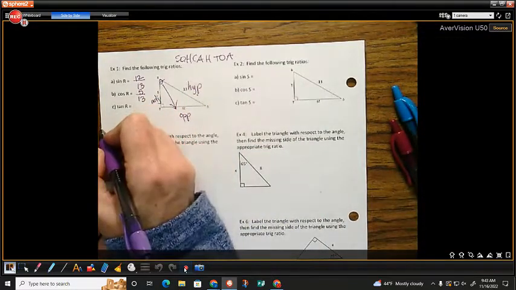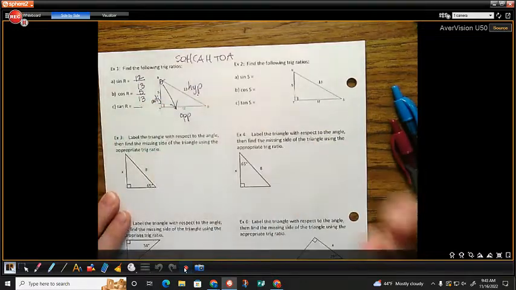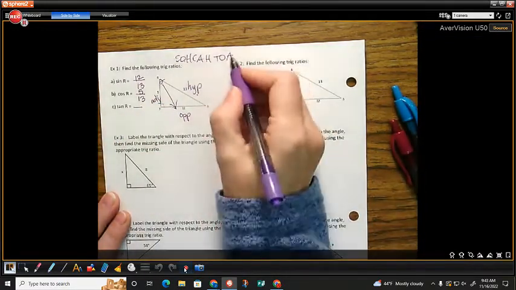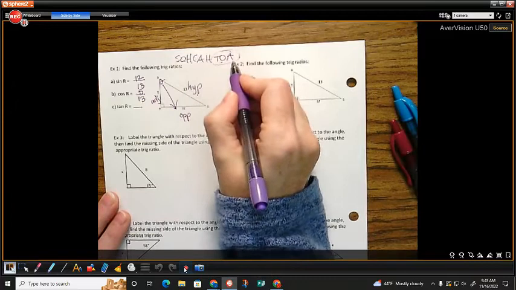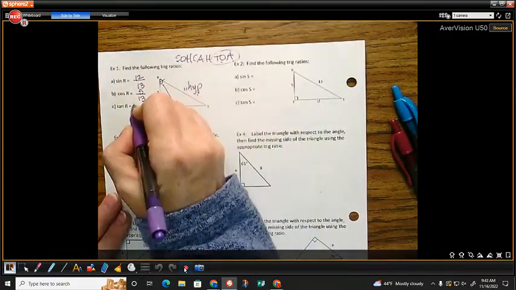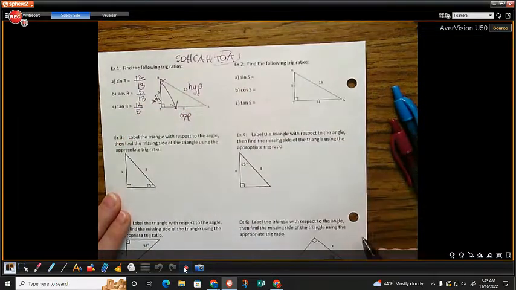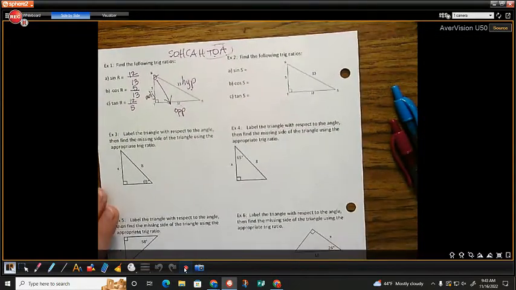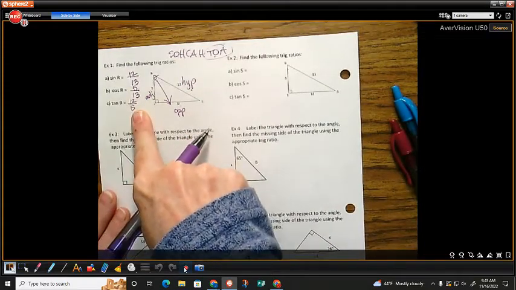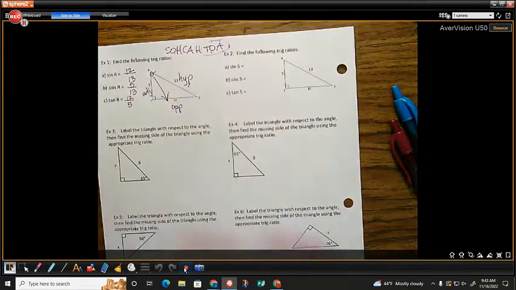And then your tangent of R is going to use which two pieces? Opposite and adjacent. So your opposite is 12, and your adjacent is 5. Can you get tangents that are bigger than 1? Yeah, all the time. It's totally cool.